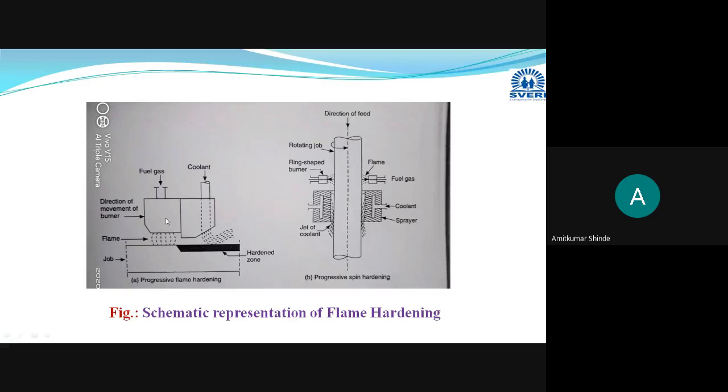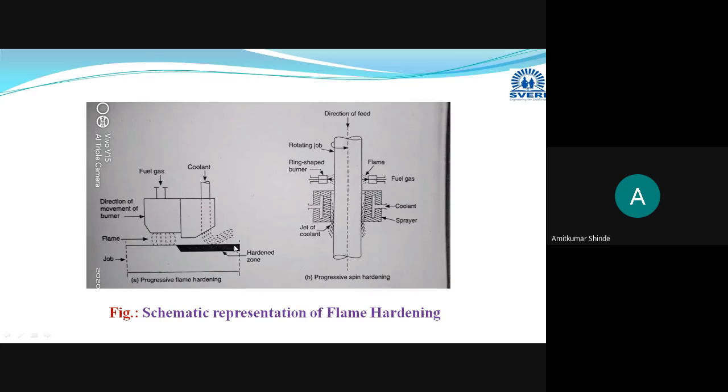One torch will be there, and it will have an oxyacetylene flame. Along with that flame, it is attached with the source of the water, or the source of the coolant. Now, the direction will be from right to the left. Okay, we are moving from this side to this side. This is your flame.